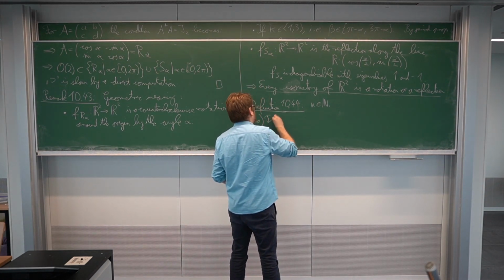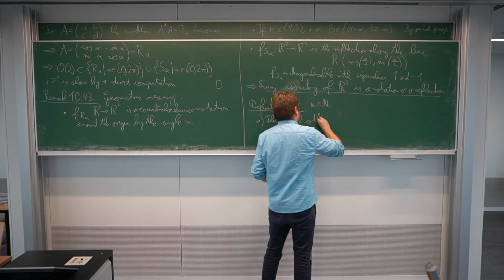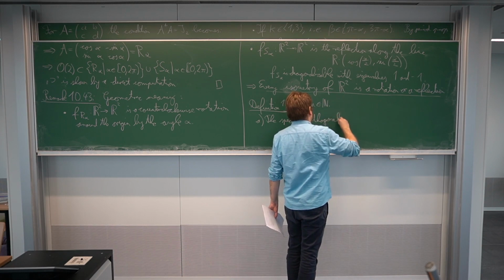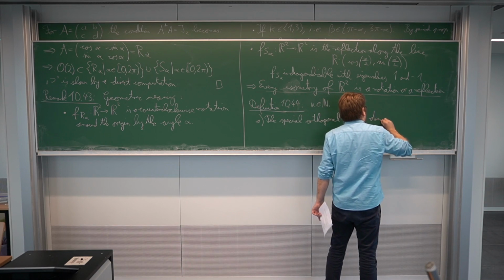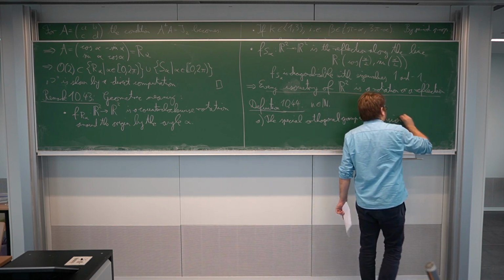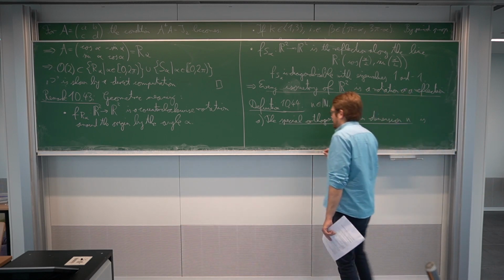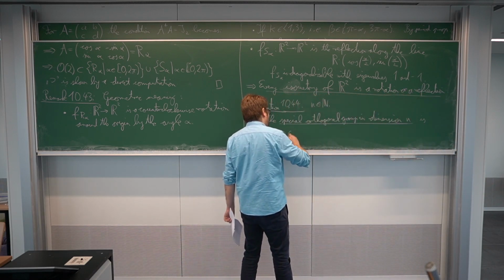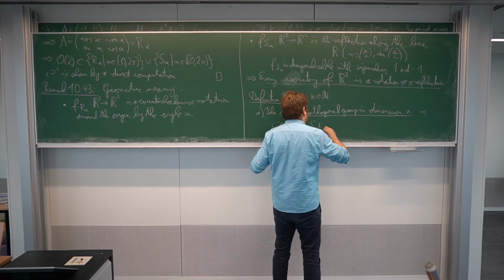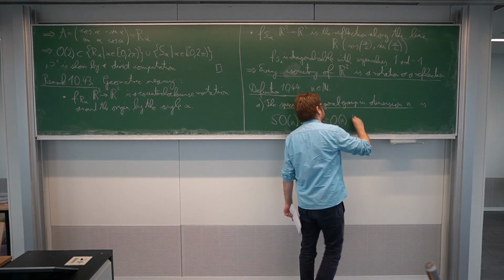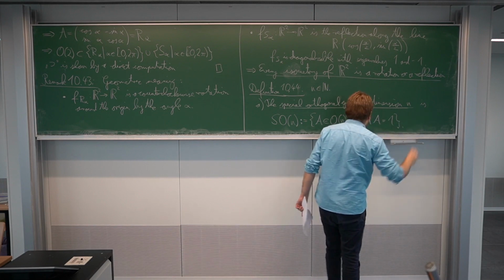The special orthogonal group in dimension n is denoted by SO(n), and this is defined as the set of all orthogonal n by n matrices which have determinant precisely 1.